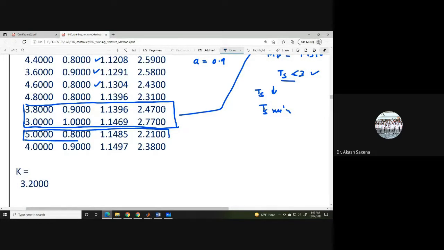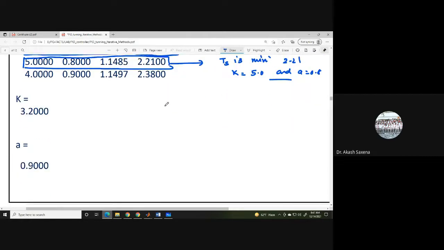So here, this will be your designed solution. This will be the solution where the value of ts is minimum and it is equal to 2.21. From here, you can say K is equal to 5.0 and A is equal to 0.8. You will be able to find the solution in this manner.